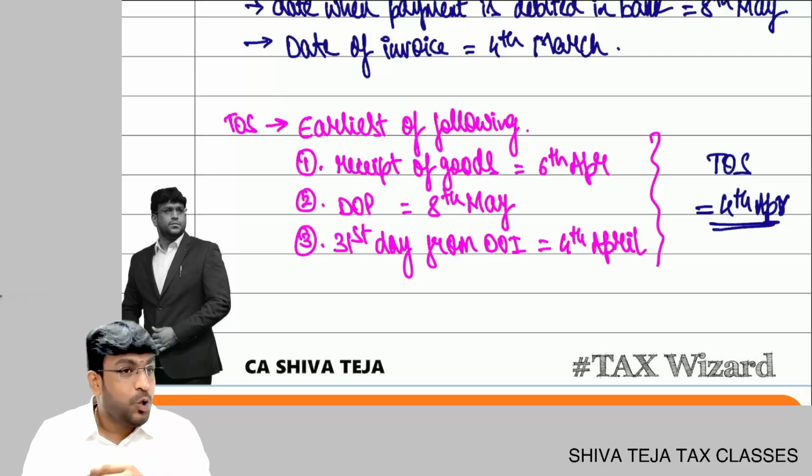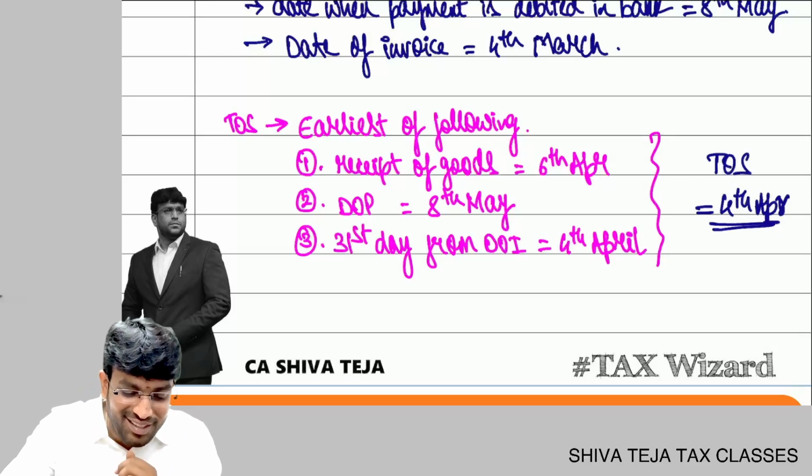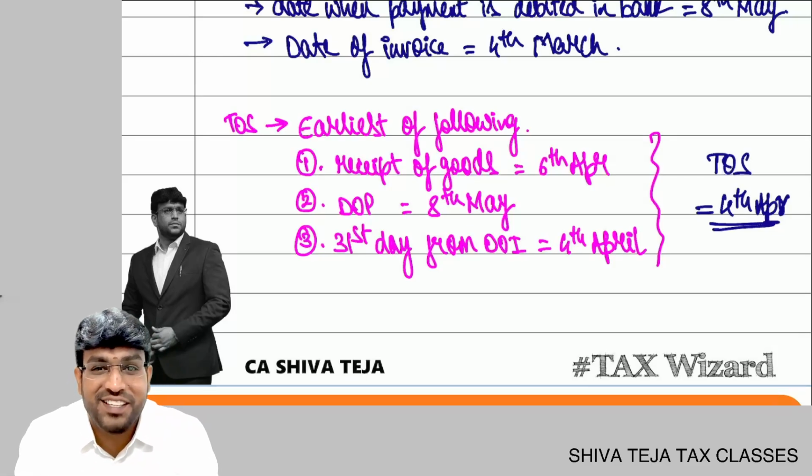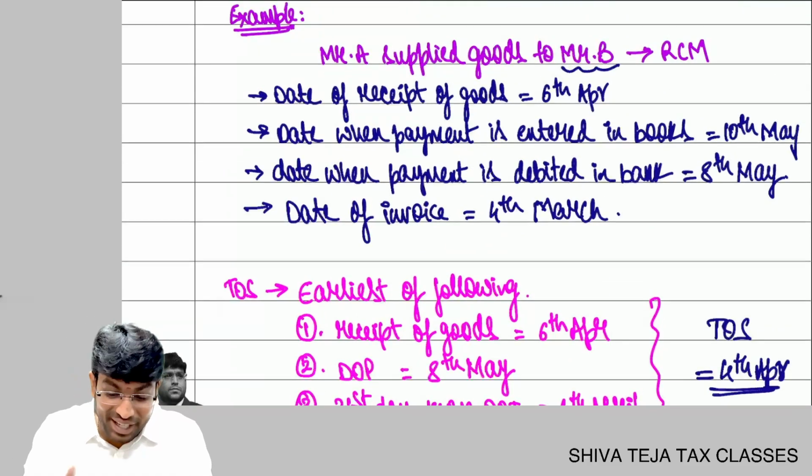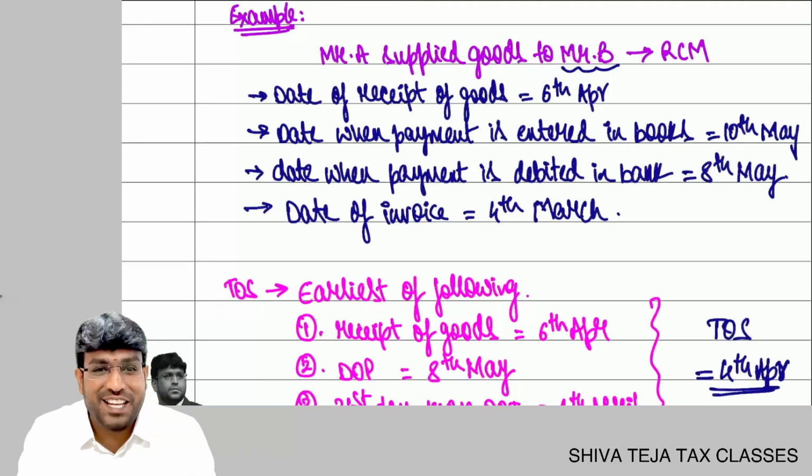Too much excitement is sometimes bad. When you are writing an answer, don't excite yourself. Think for a second, pause for a second, and then write the answer.